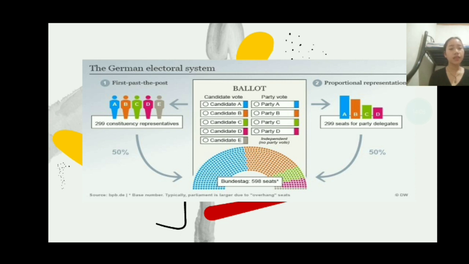So the Bundestag has 598 seats all in all. At the center is the official ballot of the German electoral system. The first part, in black, is the list of candidates, and the second part is the list of the parties.